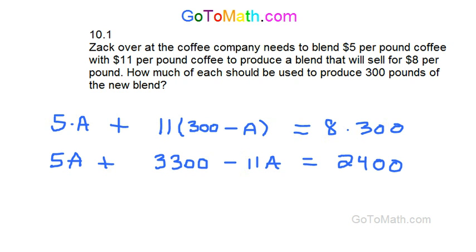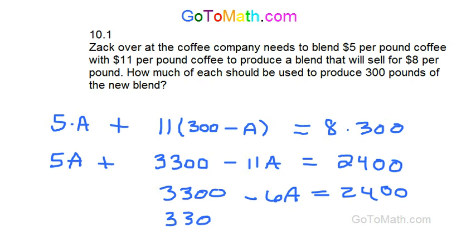5 minus 11. All right, so we're going to have 3300 minus 6A is equal to 2,400. And let's go ahead and take this 2,400 over to this side, and we'll take this 6A over here.